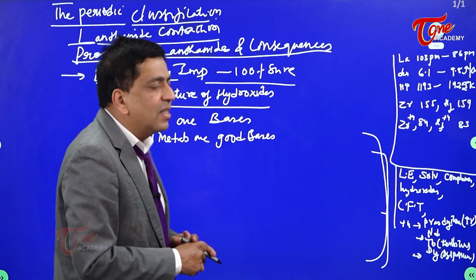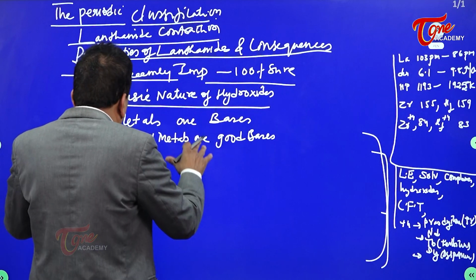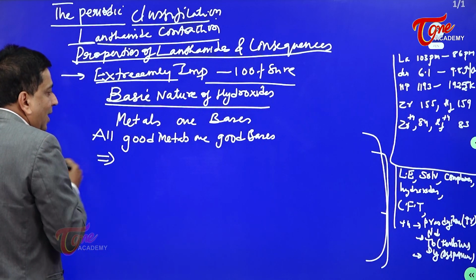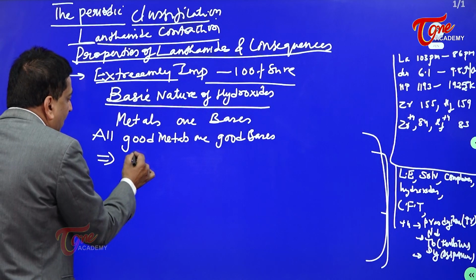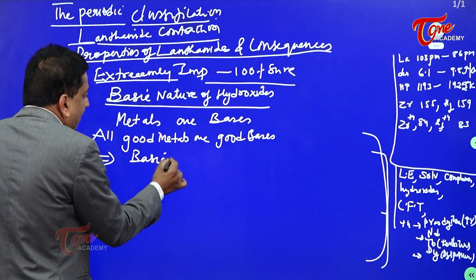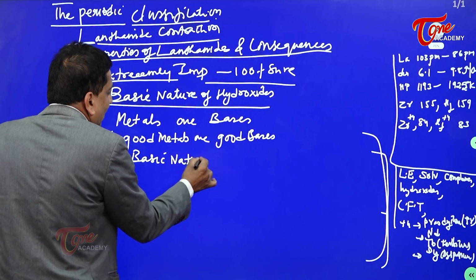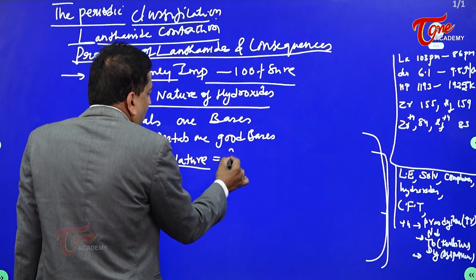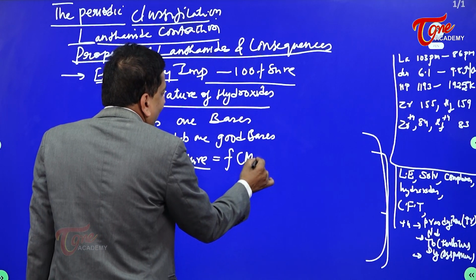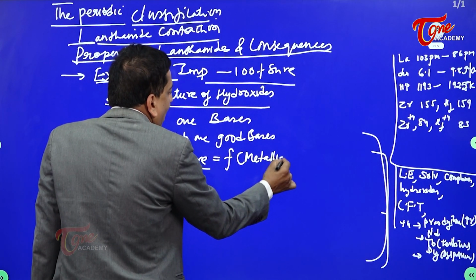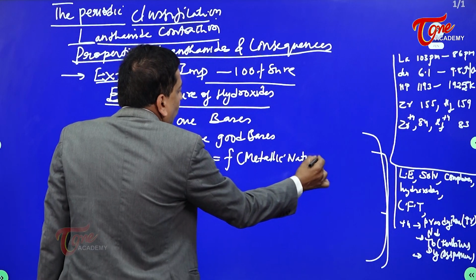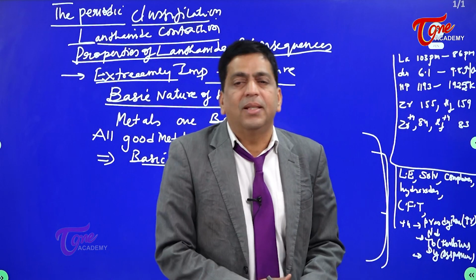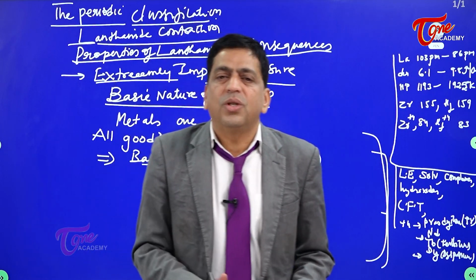The implication from these two is that basic nature, if you look into this, is a function of metallic nature. You must understand. So if you wanted to choose a very good base in the periodic table, you should choose a very good metal.